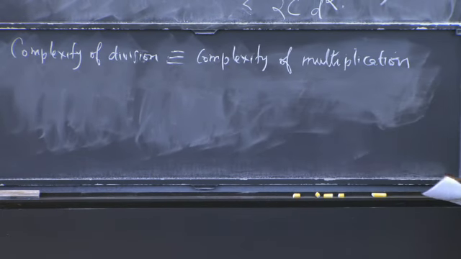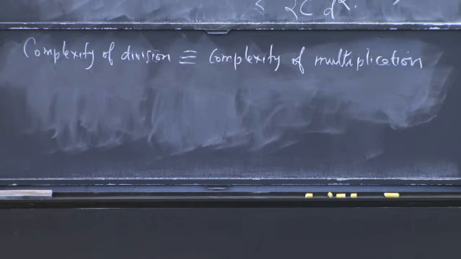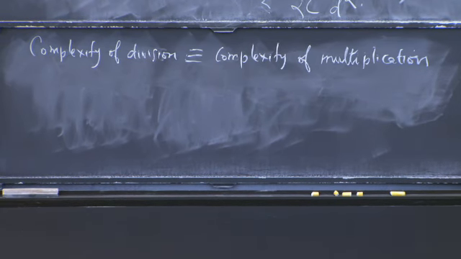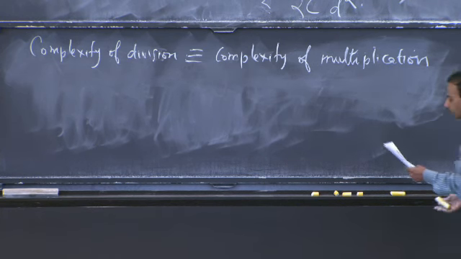You are doing a logarithmic number of iterations, but since eventually all of the work is going to get done at the end here, most of the work is getting done at the end when you have these long numbers. That's basically the essence of the argument.